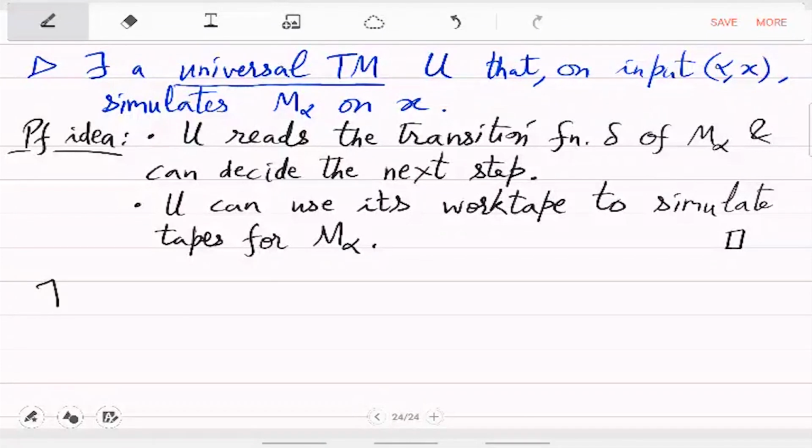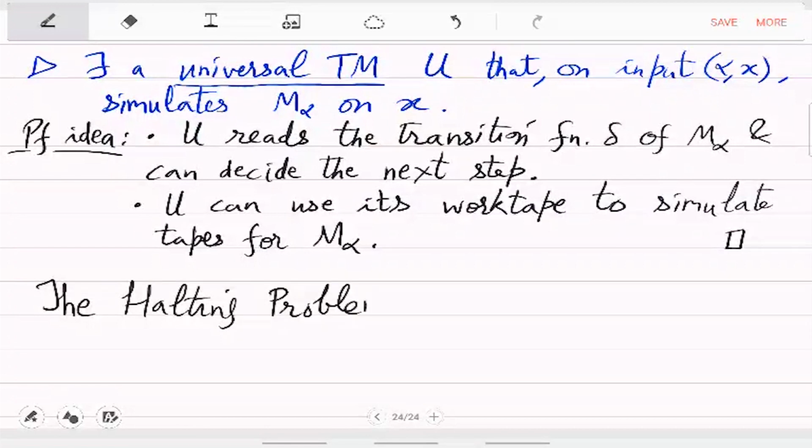And just with this definition and this observation, now you can show that the halting problem is terribly hard. So this problem is the following language, HALT, let me use capitals to avoid confusion.